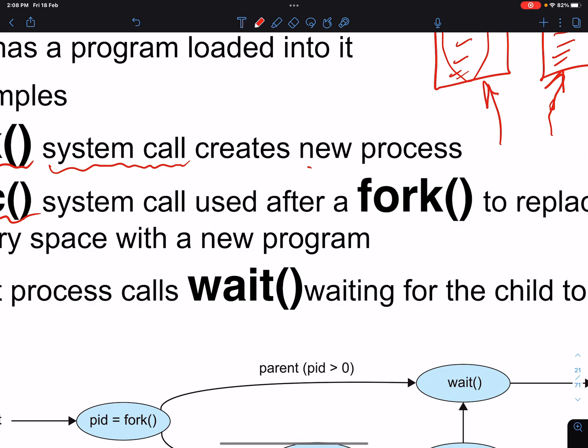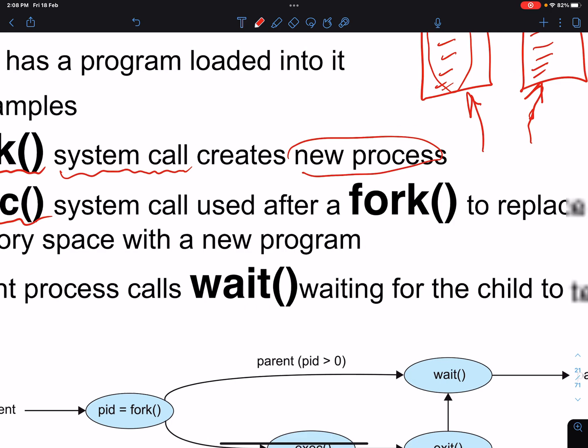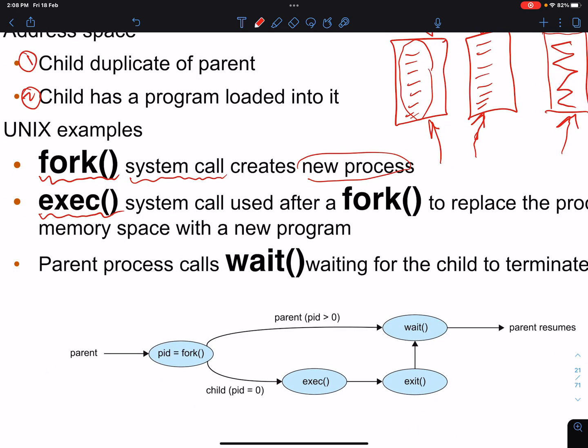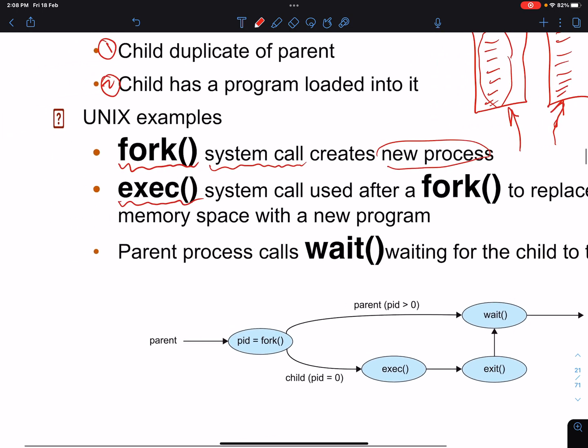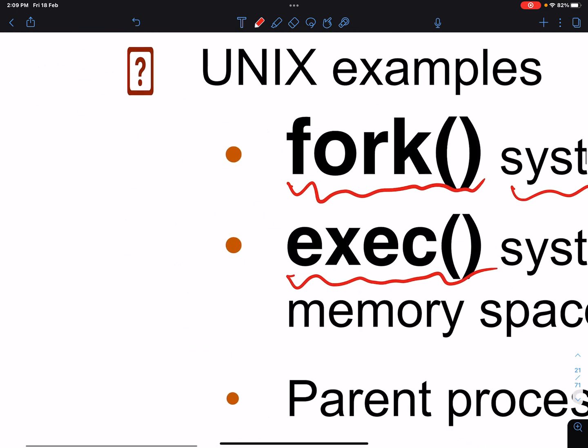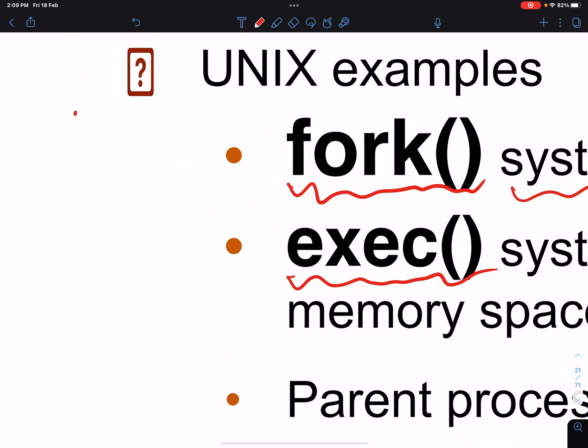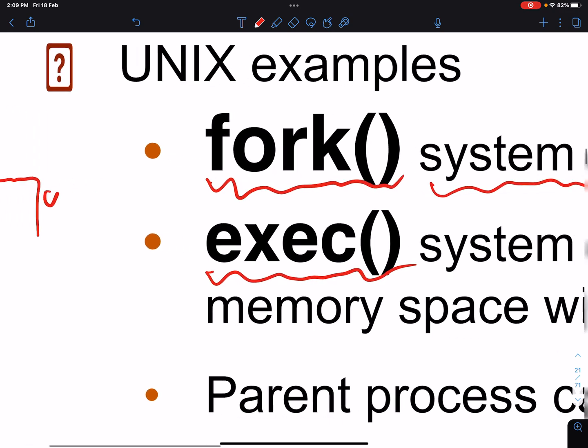It creates a new process, fork. Okay, so when you call fork, that's exactly what happens. Look, here is the parent executing, and then the parent calls fork. When fork is called, here is the parent and here is the child. That's why it's called fork, by the way. Okay, so this is fork.